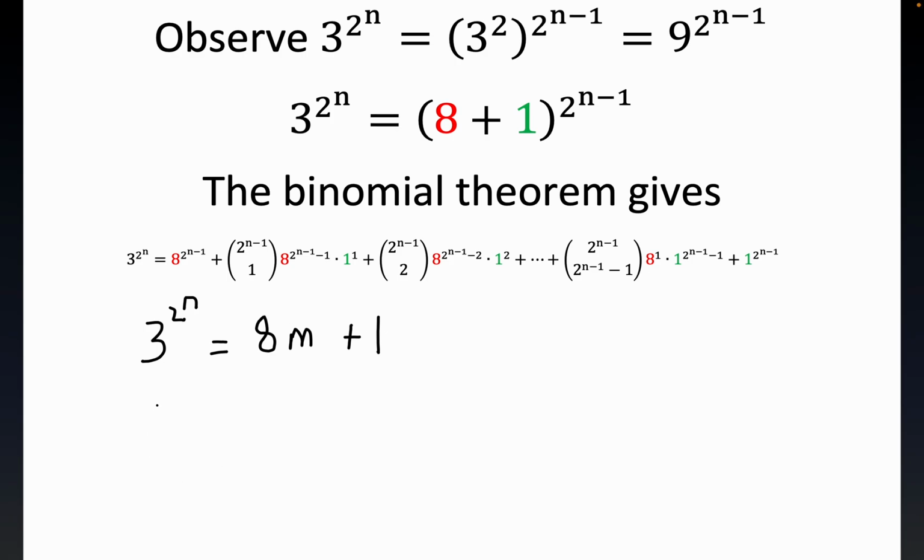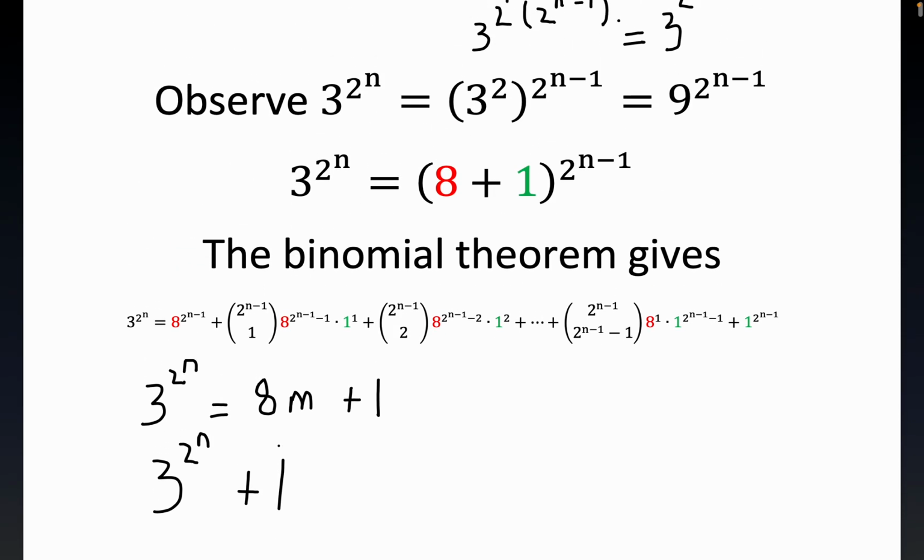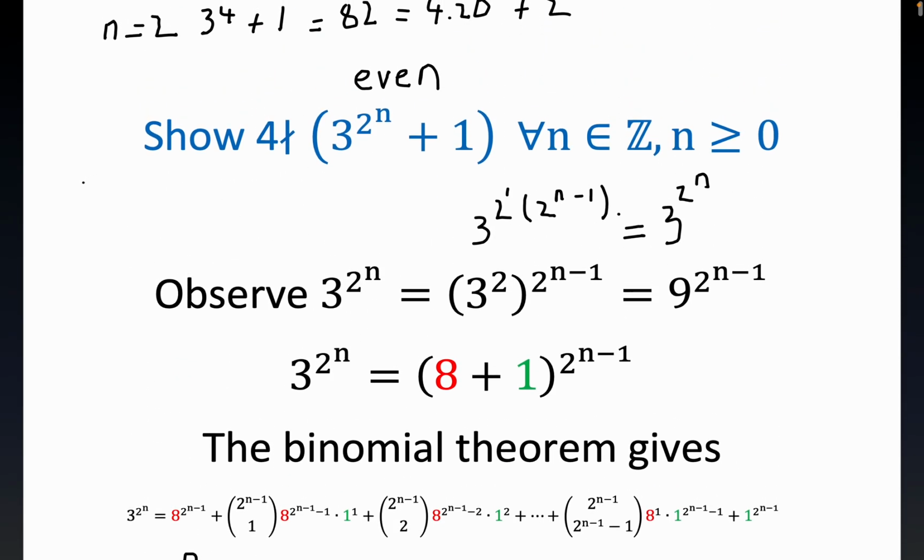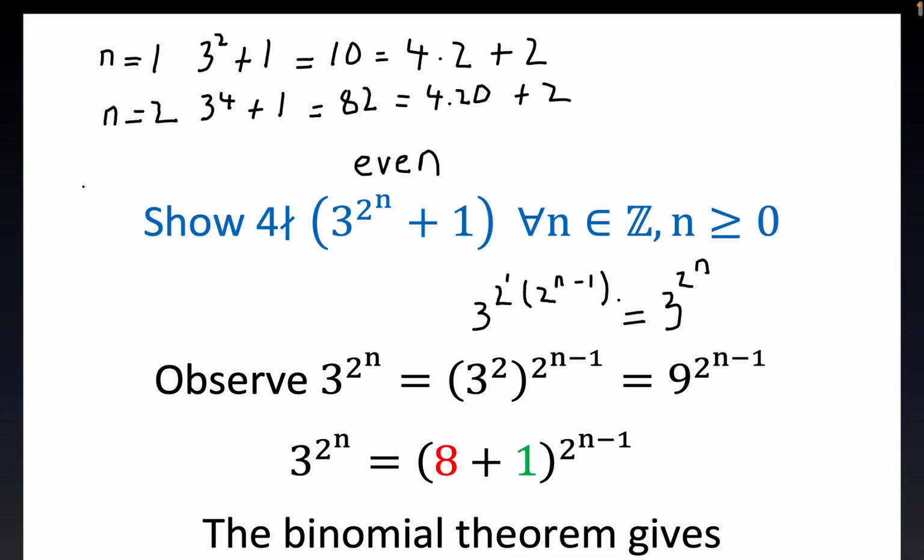Now we are interested in 2 raised to the n and then plus 1, right? Okay, and again, I'll reference you back. The original problem is this guy right here.